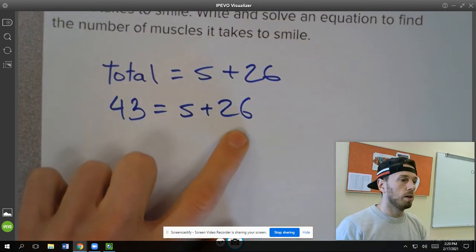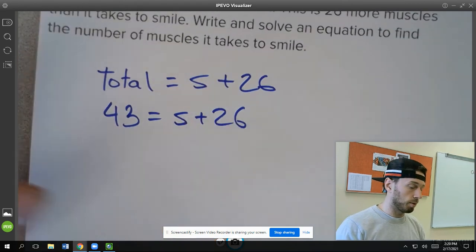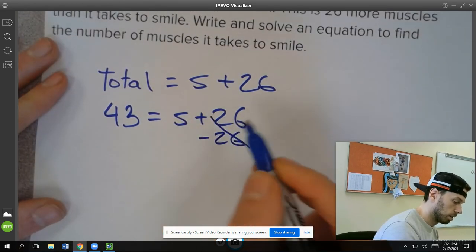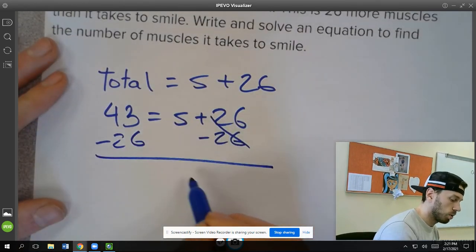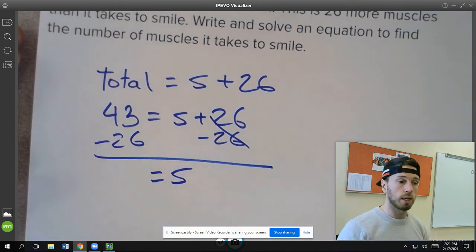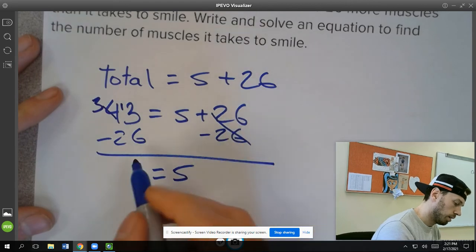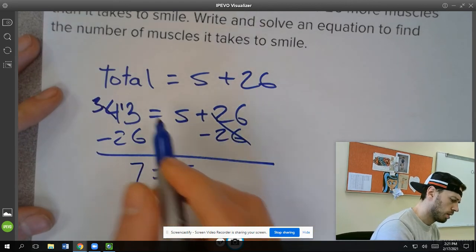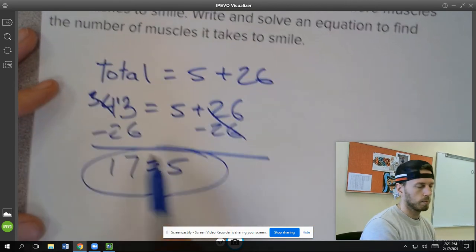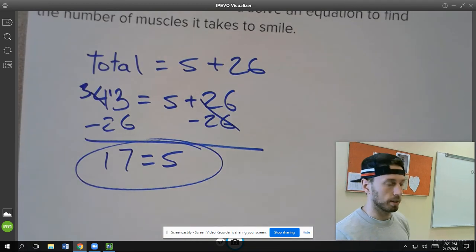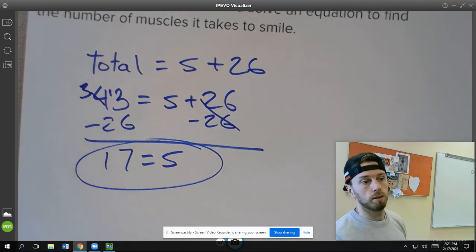Get the S alone by getting rid of this plus 26. How do you get rid of plus 26? You minus 26. You minus 26 from this side as well, and you'll find out that the muscles it takes to smile, 43 minus 26, that is 17. It takes 17 muscles to smile, and it takes 43 to frown.